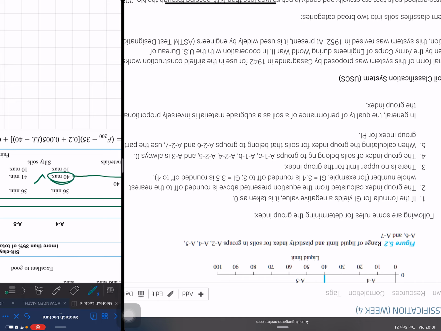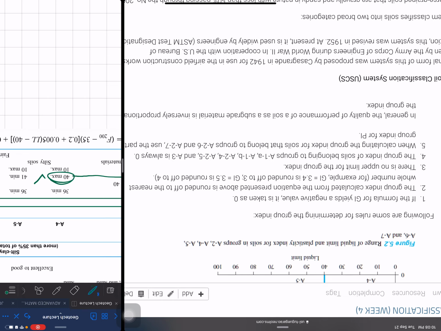Okay? Next is when calculating the group index, the group index of soils belonging to A1, and then yung A1A, A1B, A24, A25, and A3 is always 0. Okay?